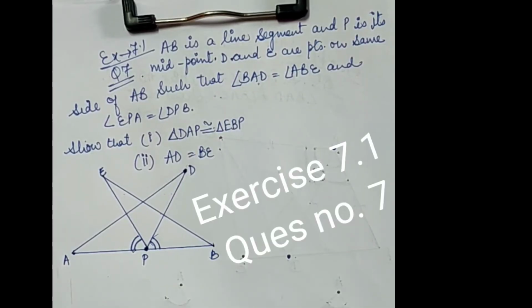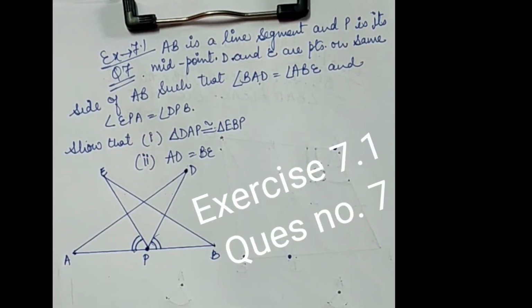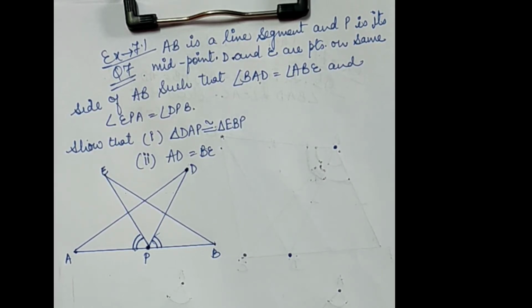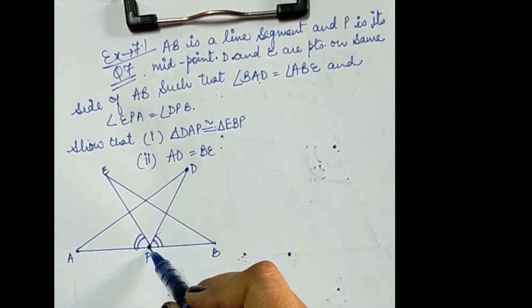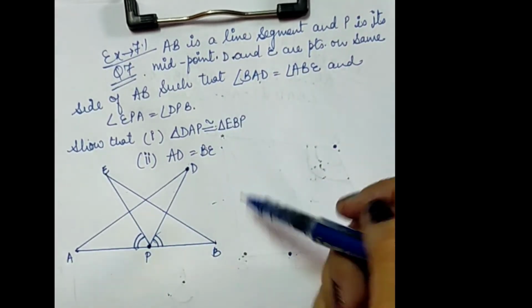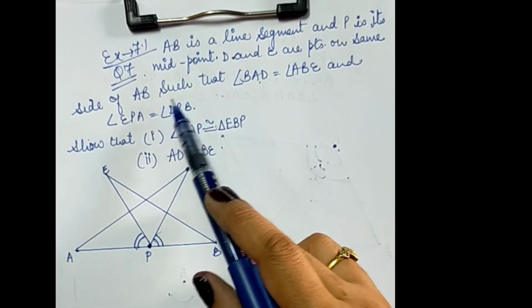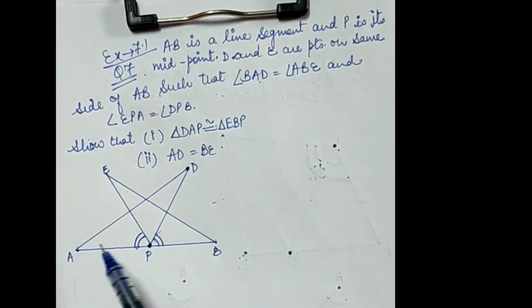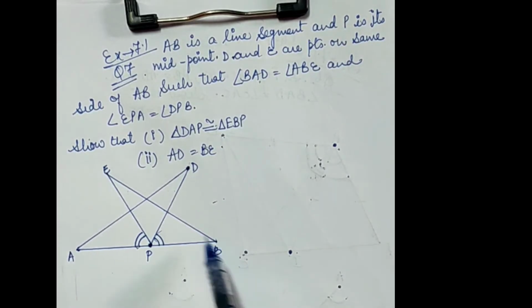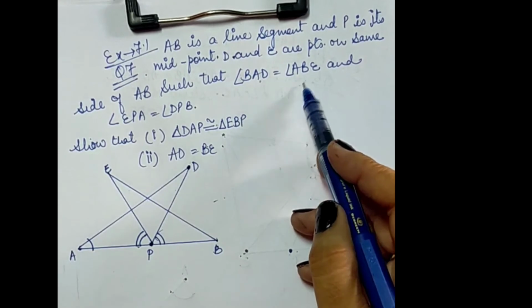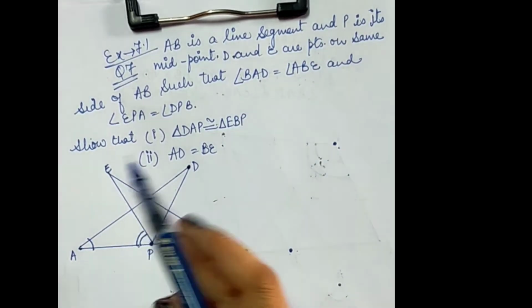Now this is question number 7, exercise 7.1. AB is a line segment and P is its midpoint. P is the midpoint of line AB. D and E are points on the same line of AB such that BAD, that means this angle, is equal to ABE, this one.